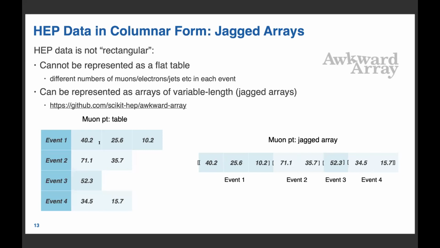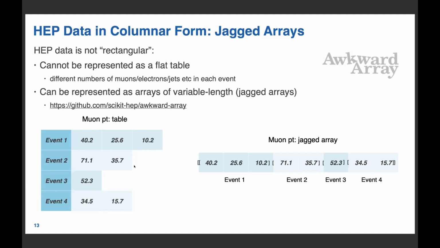You don't know event by event how many particles and which type of particles you're going to produce. You may have an event like the one in the table at the bottom left, where you have 3 muons, and the second event has only 2. And therefore, if you brutally, with brute force, put high energy physics data in a table, you're going to have a lot of holes, right?